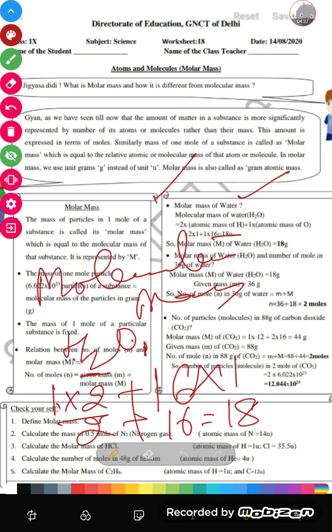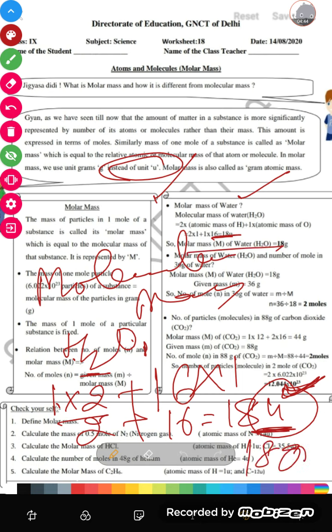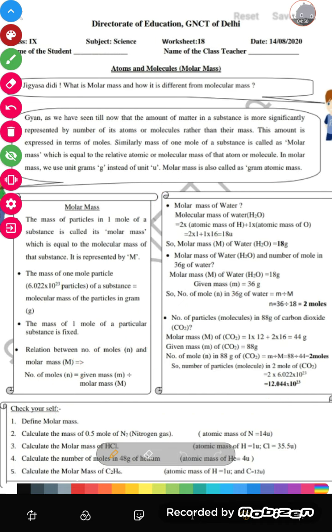Then we have this 18 U, molecular mass, as it is in U, right? But if you want to write molar mass, then it should be 18 grams. So students, the molar mass of water is 18 grams, right?